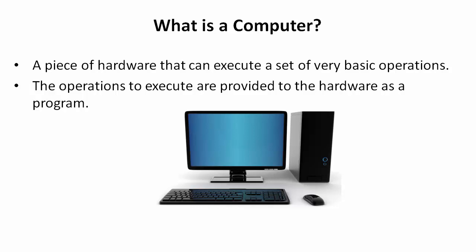A computer program, which is also known as software, is a list of the actual operations that you want the computer to execute. What's really interesting about a computer is that the operations it performs at any given time are very simple.